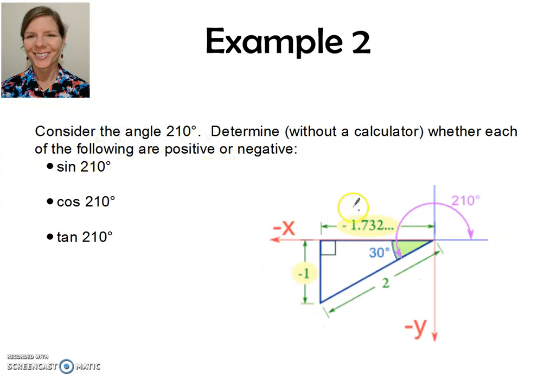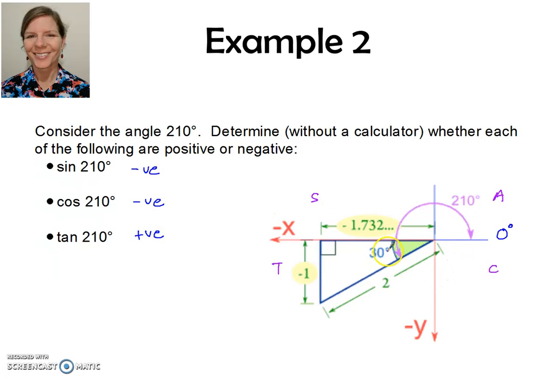Now for the angle 210, we started over here at 0 again, and we've gone around to 210. Using CAST, tan is going to be positive, and all the others are going to be negative. So we can straight away say that's positive, that's negative, and that's negative. And you can check these with your calculator.